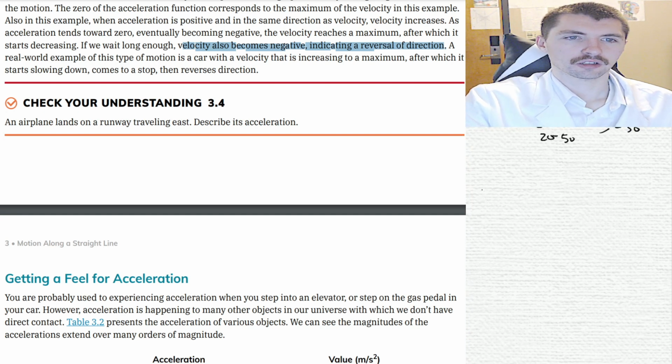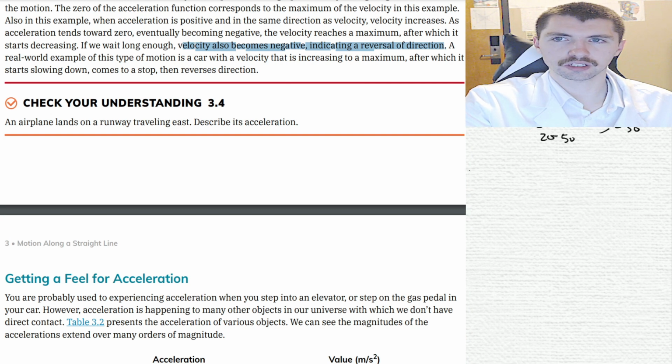So, an airplane lands on a runway, east, so it's going this way. Say each arrow is 1 second. So it's coming down.